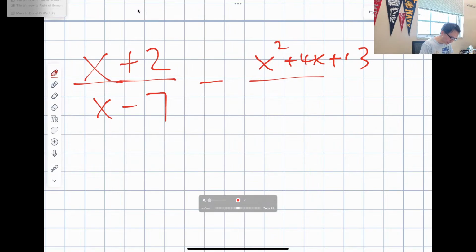So it'll be x squared plus 5x plus 6, minus x squared minus 4x minus 13. You have to distribute the sign. That's equal to x plus 3 times x minus 7 on the bottom. Is that okay? So this is going to cancel out, and that's going to be x minus 19, I believe, over x plus 3 times x minus 7.